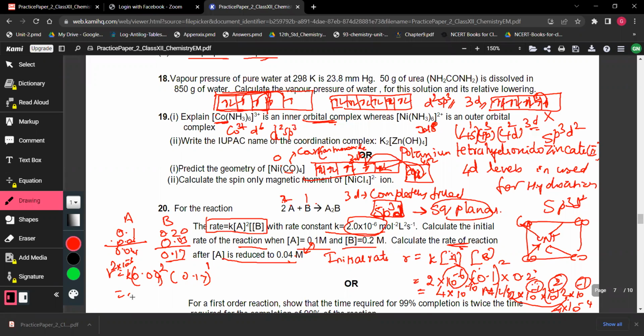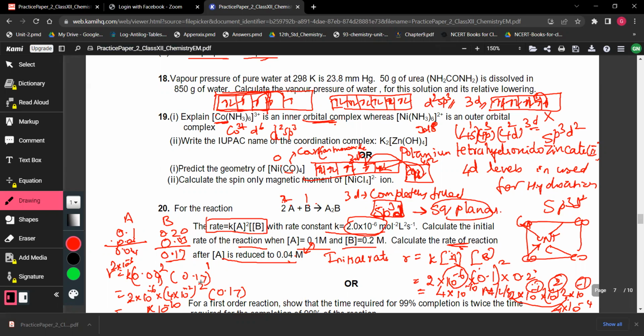So 2 into 10 power minus 6 into this, we can write as 4 into 10 power minus 2 the whole square, and this we can write as 0.17. So simplify the powers. 10 power minus 4 will come, 10 power minus 6 is there, so this product is 10 power minus 10.